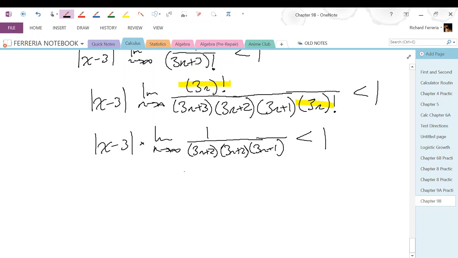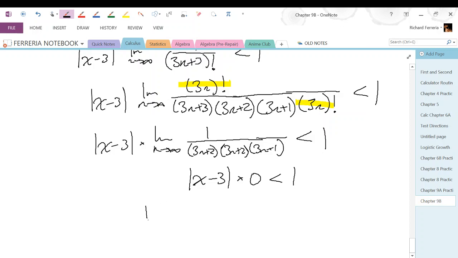That's 0. So basically we get x minus 3 multiplied by 0 is less than 1. No matter what you put in for x, your limit's going to be 0, so this ratio will be less than 1.